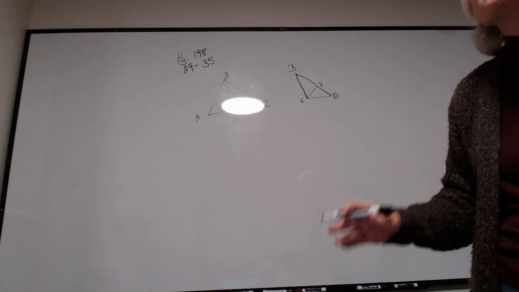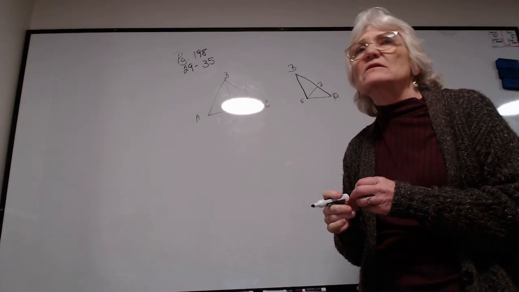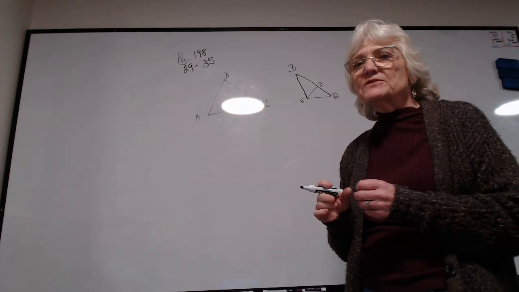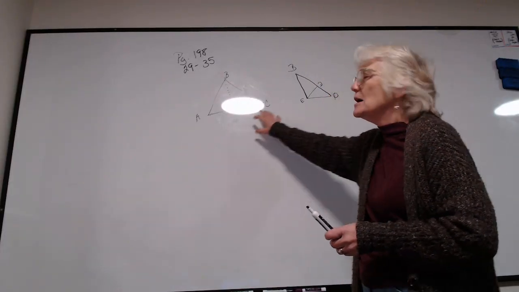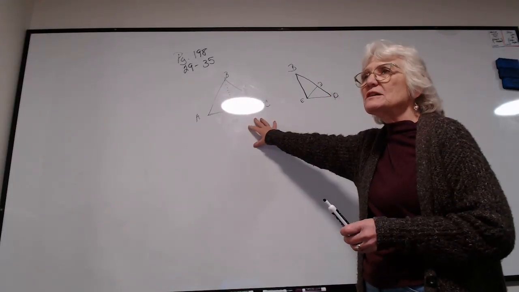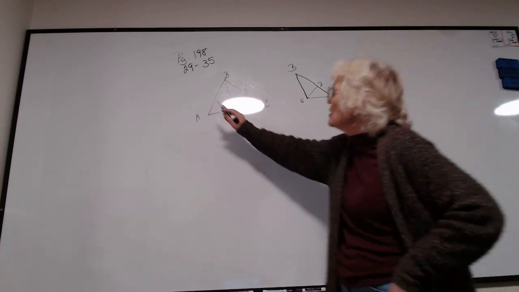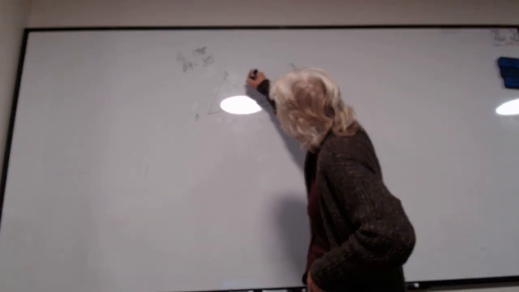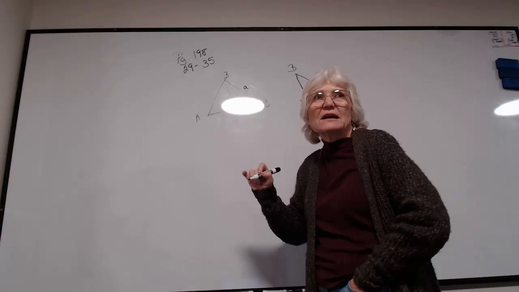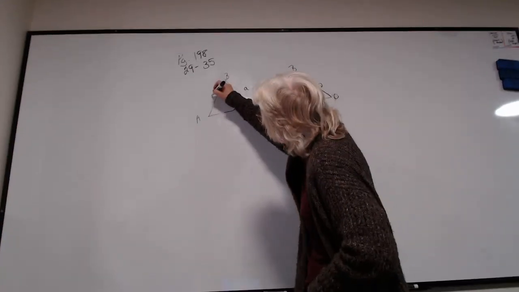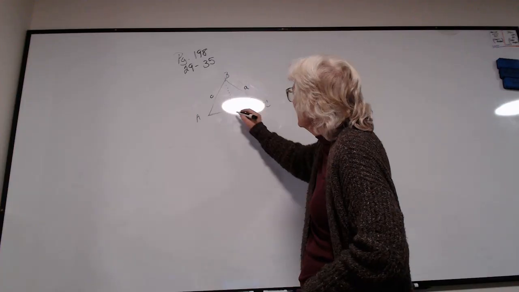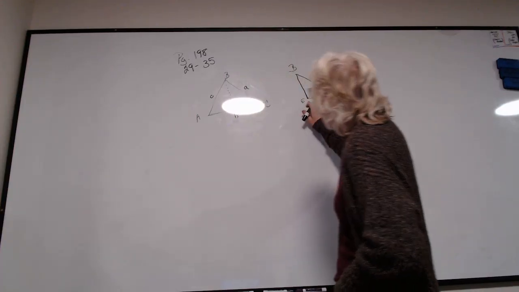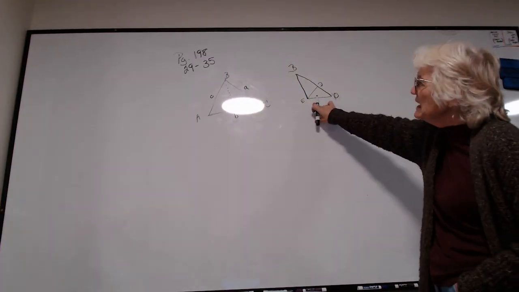So the pictures are always good for you to put down. The reason why pictures are really good to put down is because you can start marking them up the way you want to see them. Like I would call this side little a, this side over here little c, and this side B. Now we don't have B fully.